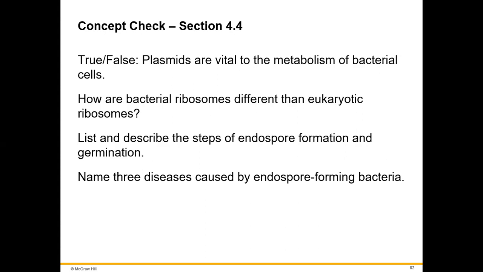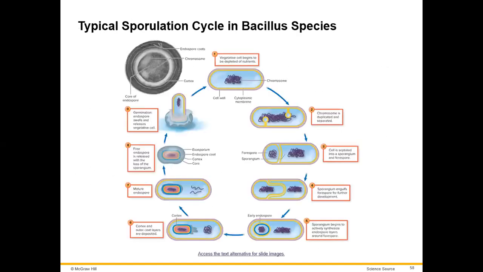So the steps of endospore formation, probably easier just to go back and look at it. So the first step, you duplicate the genetic material. You form this sporangium that gives rise to the spore. Eventually, the genetic material is walled off.